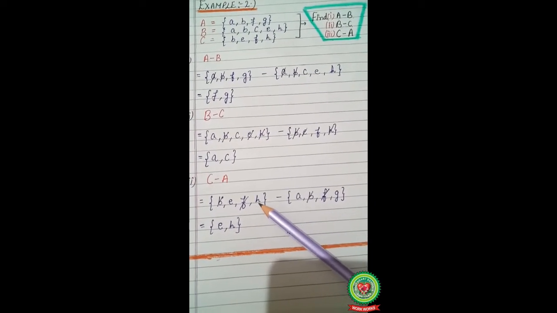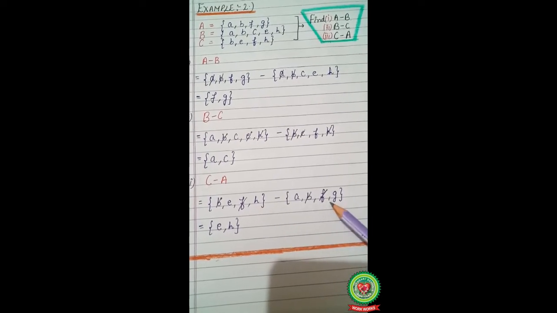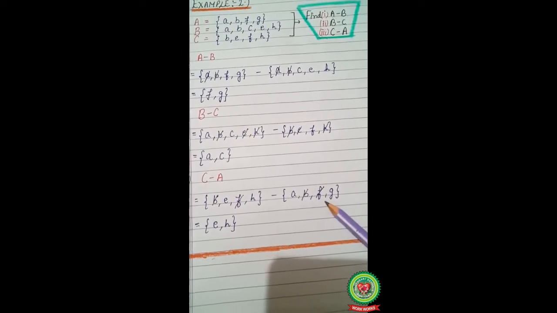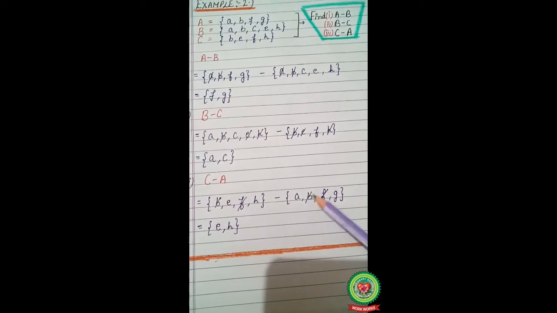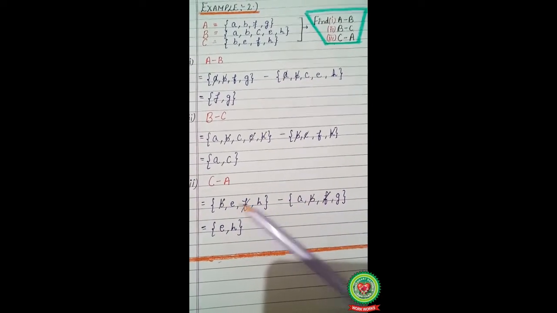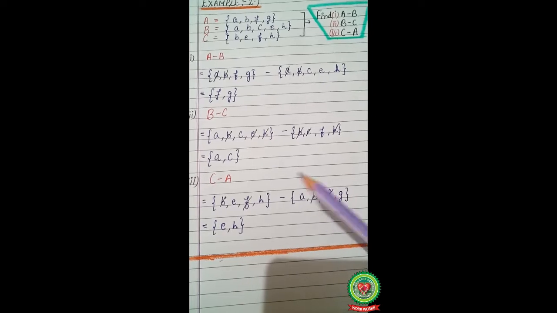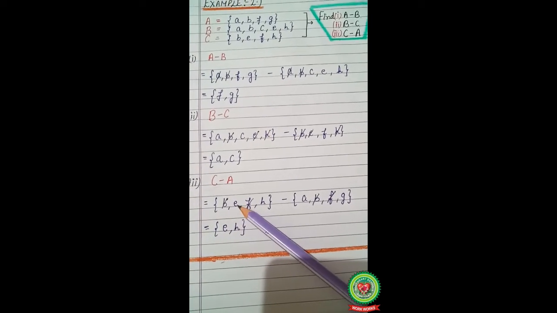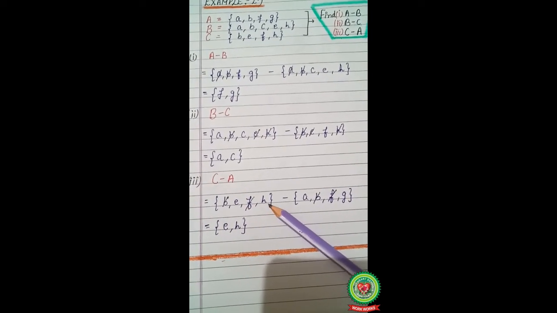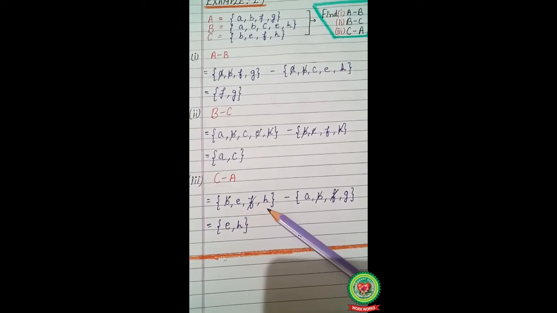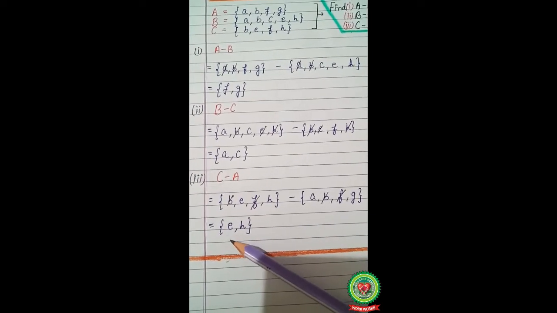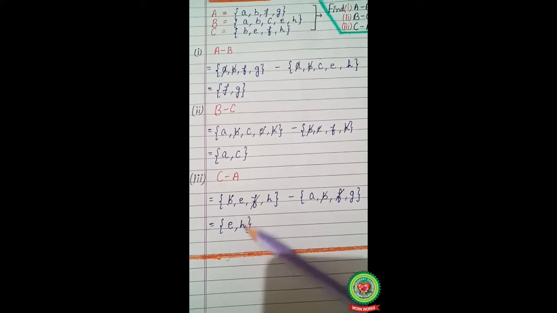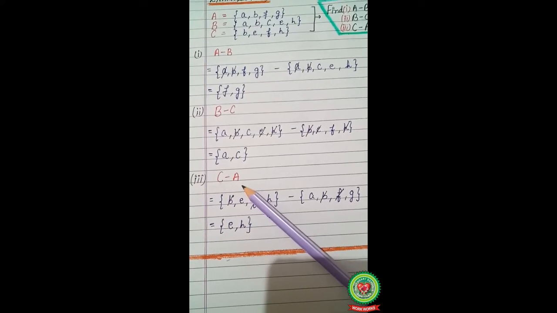Next is H. H is in the C set but not in the A set. So you will cut all the similar elements which are present in both sets, C and A. Now you are left with the elements E and H, which are present in the C set only, right? So E and H will be your difference of these two sets.